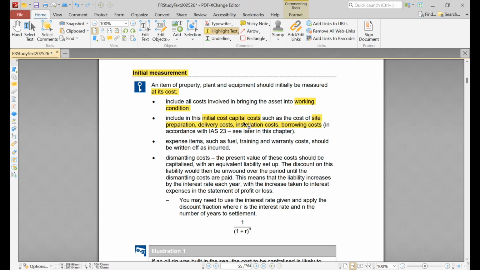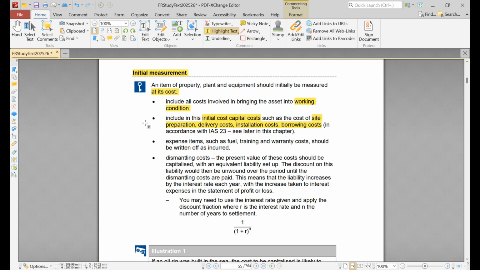Now, for example, you have purchased certain machinery and you plan to install it in your factory. You would need to make certain preparations in your factory in order to install that machinery. That site preparation cost would be included in the cost of the machine.